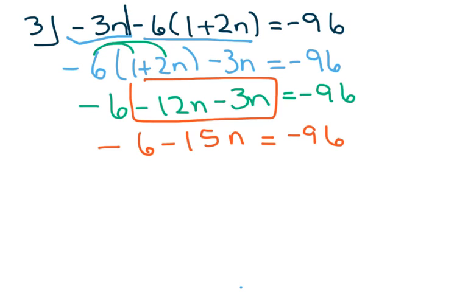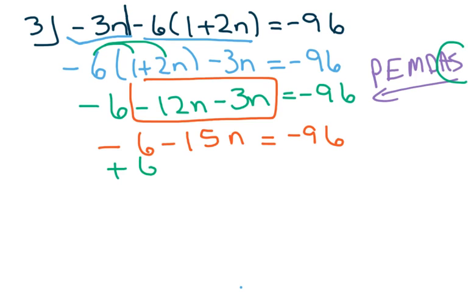Now, since I've gotten rid of the parentheses and collected like terms, I'm doing PEMDAS backwards, and I ask, is there anything I can add or subtract to both sides? Yes, I can. I can add 6 to both sides. Opposite of negative is positive.